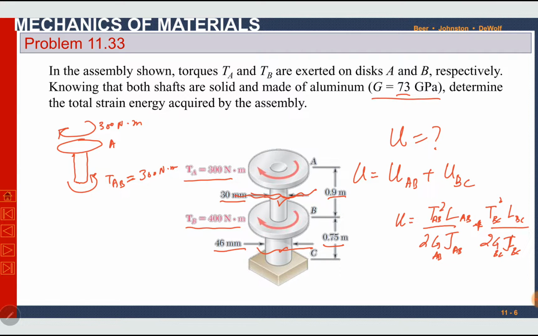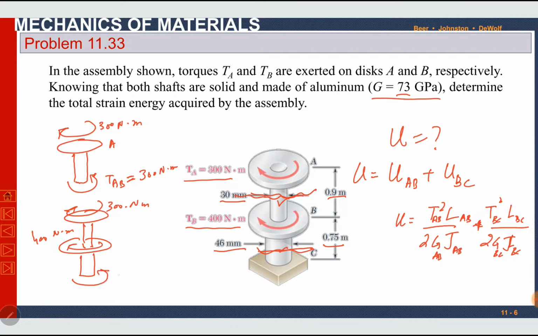Again, sectioning between B and C. Here is torque 300 Newton meter. Here is torque 400 Newton meter.